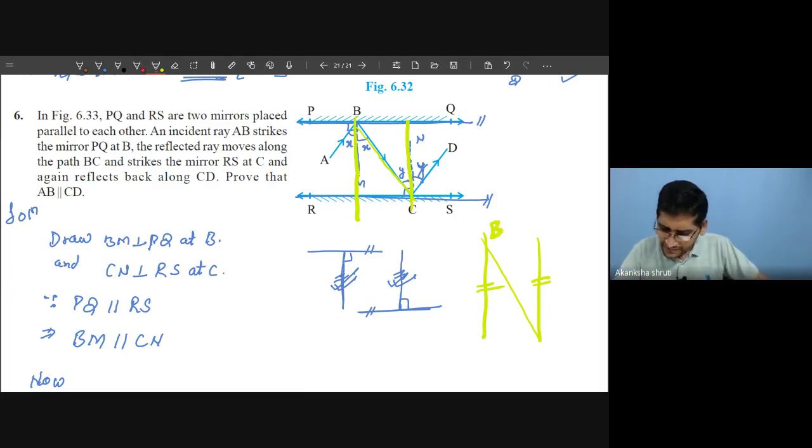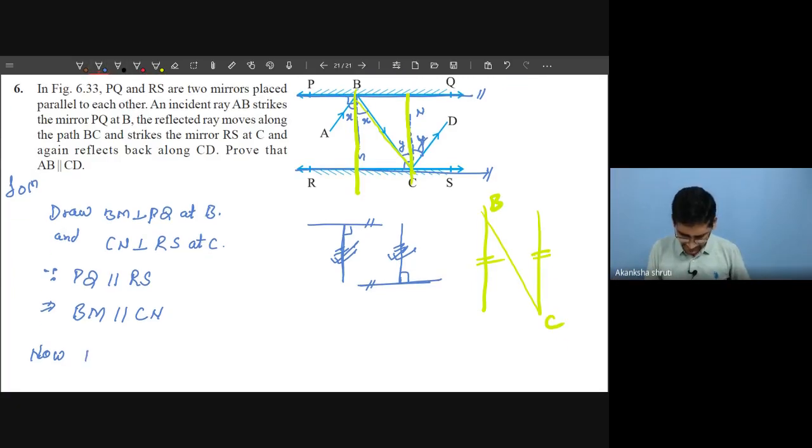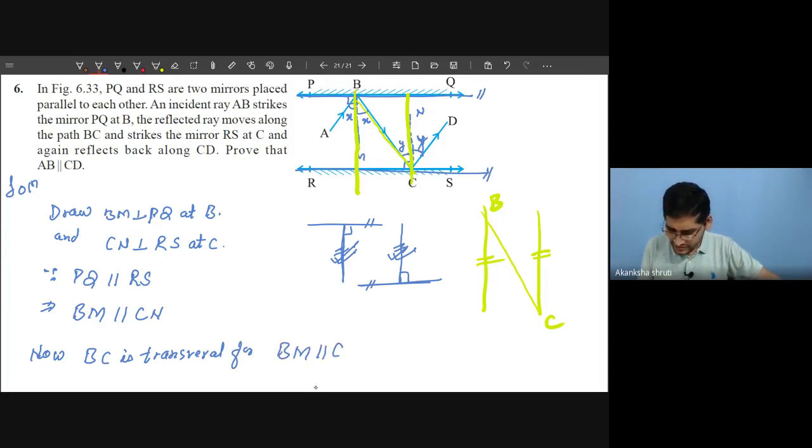So this is our B, this is our C. Therefore, write it. Now, BC is a transversal for which lines? BM parallel to CN.